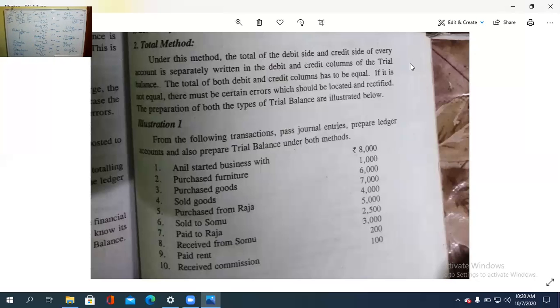So here, see how much cash is there, we will check it. 15,000 plus 3,100. 18,100 is the total here. Here 6 plus 1 is 7, 7 plus 2 is 9, 500 plus, so how much, 7,000 plus 2,700.